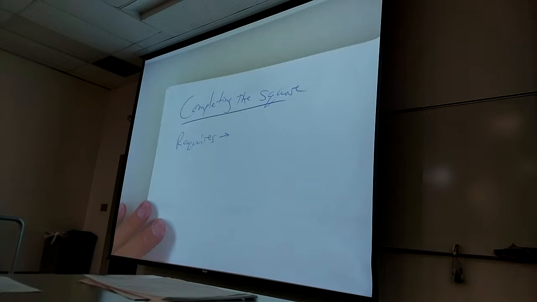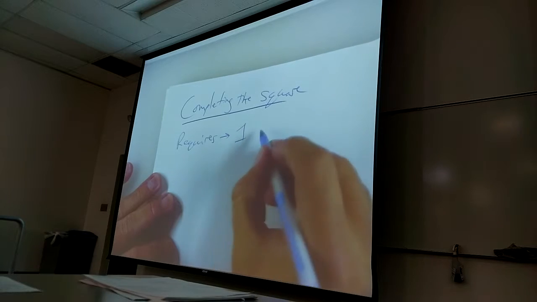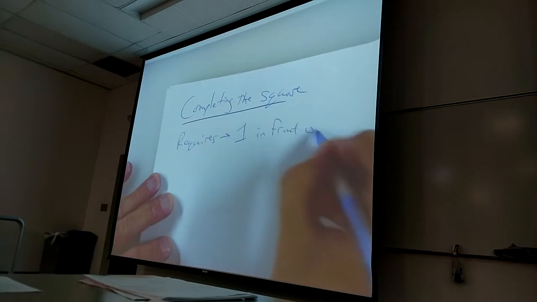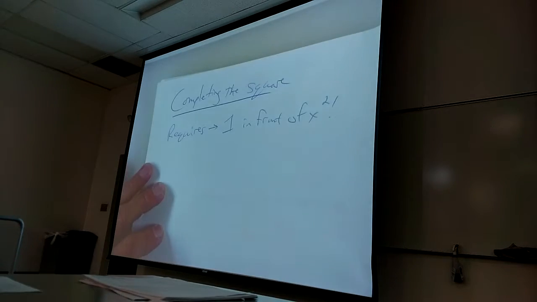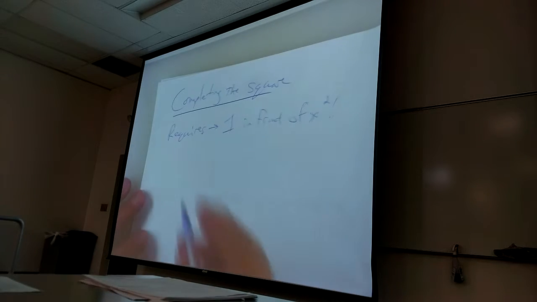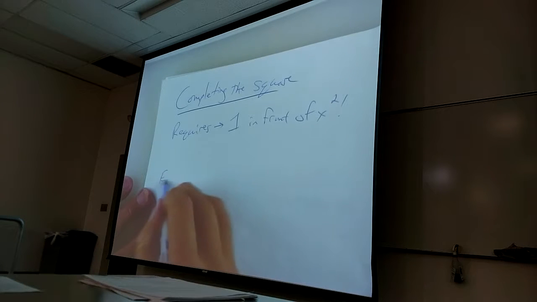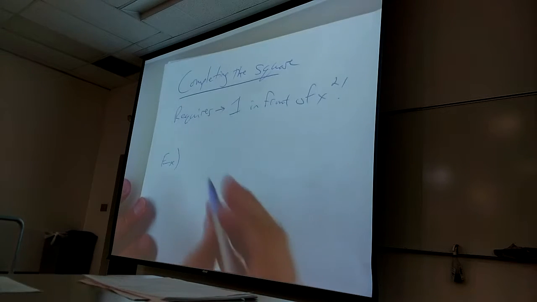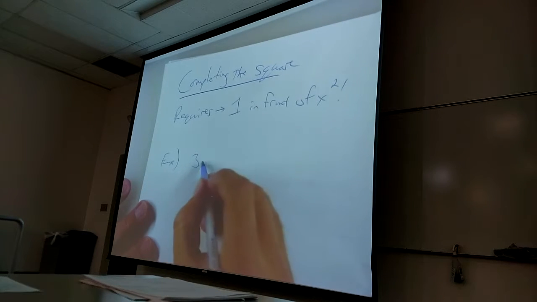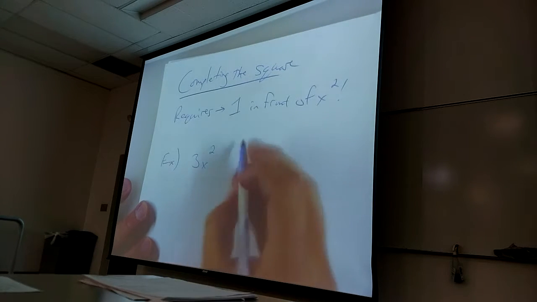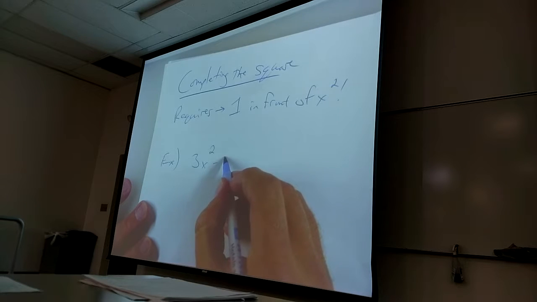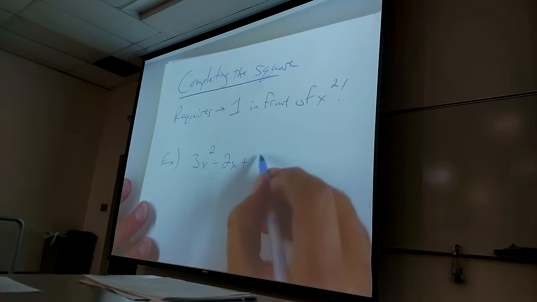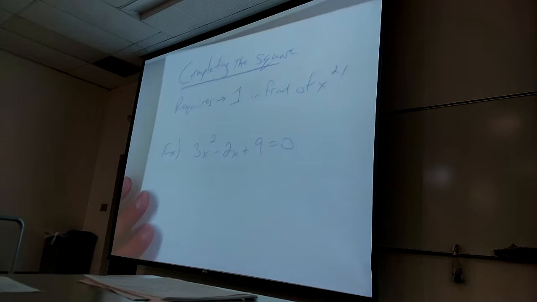It has to be 1 in front. 1 in front of the x squared. Because of the way it was developed, it assumes that that's true. So if I have a problem, let's say, for example, this would be a good example, 3x squared minus 2x plus 9 equals 0.